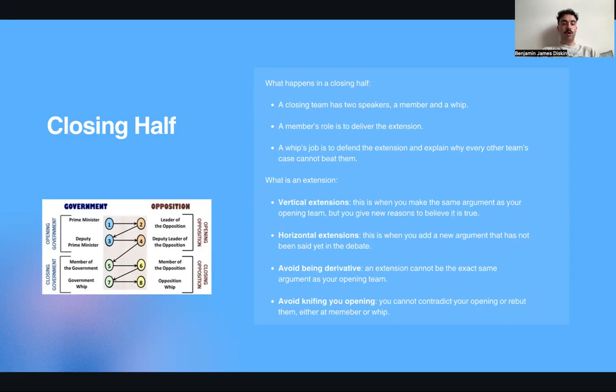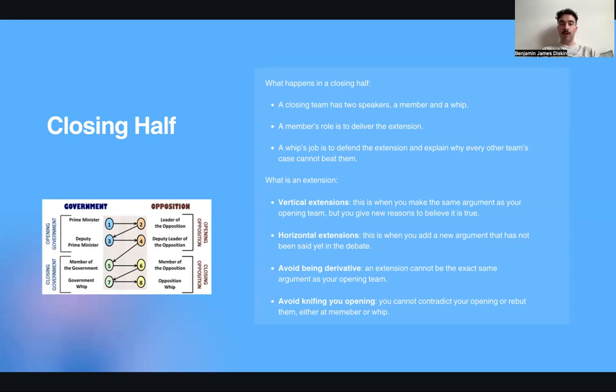Importantly, closing teams have 2 speakers. They have what's called a member. For closing government, that is the member of government, and for closing opposition, that is the member of opposition. These are the only speakers who can insert new material in the debate in the closing half.